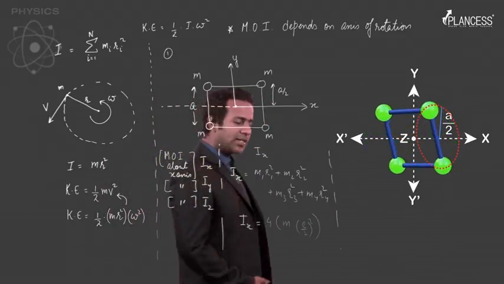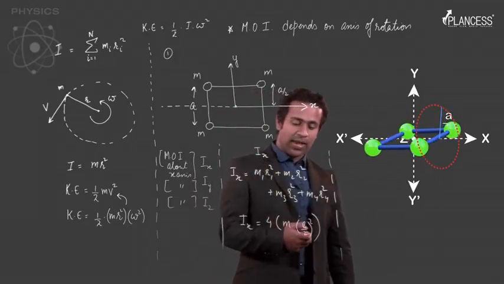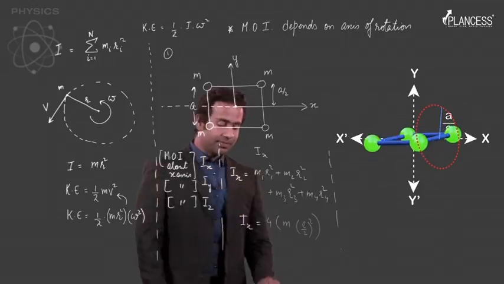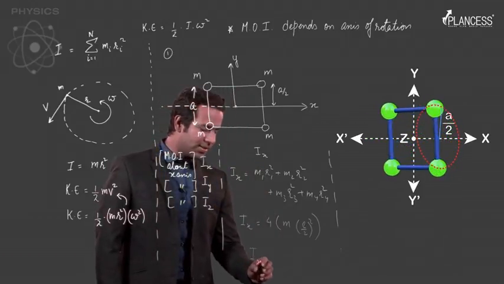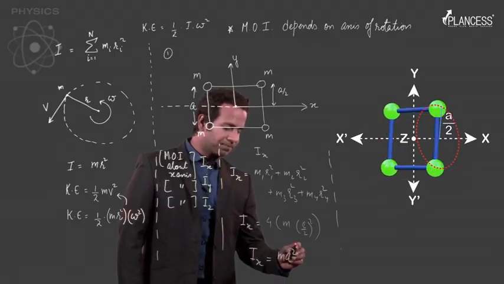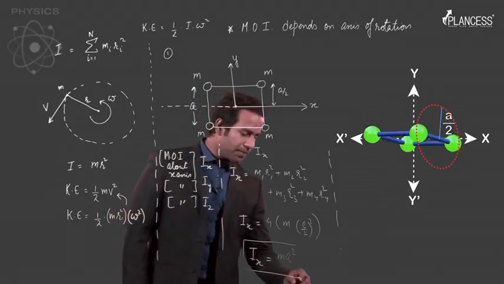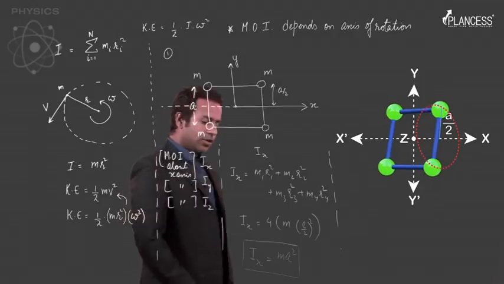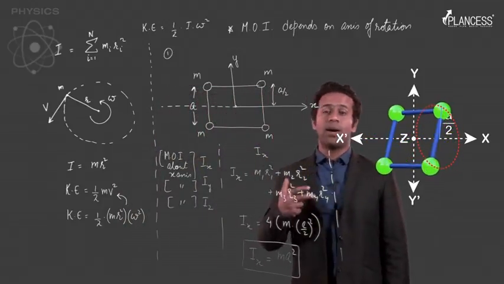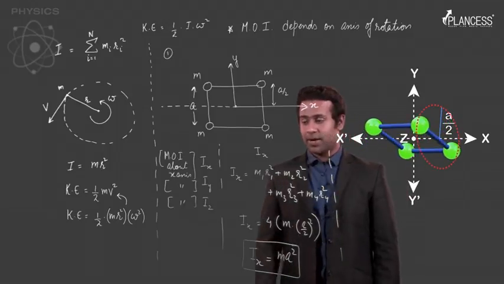So when you square this term, a square becomes a square, 2 squared becomes 4, which cancels with this term. So Ix is nothing but m a square, right? So this is the moment of inertia of this body about the x-axis.